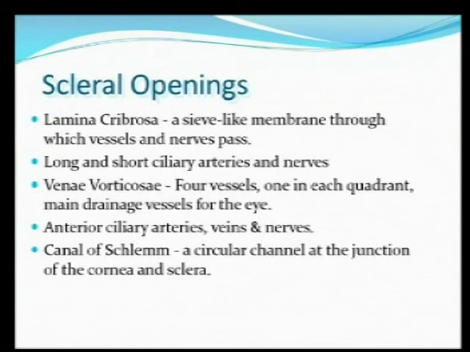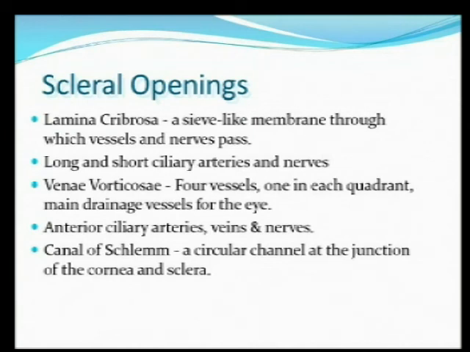So with the sclera, there's not a lot there other than things that pass through it. We've got things going in, we've got things going out. In the back of the sclera, we've got a sieve-like area called the lamina cribrosa, and it's through that area that the optic nerve fibers leave the eye and form the optic nerve.